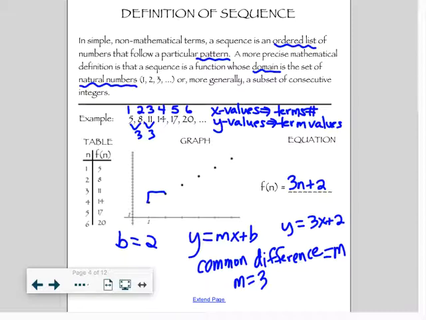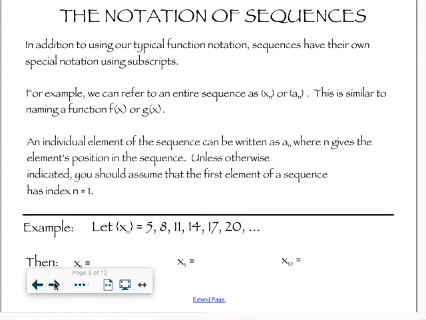All right, in addition to using our typical function notation, sequences have their own special notation using subscripts. For example, we can refer to an entire sequence as x sub n and a sub n. So instead of it being f of x, in sequence notation, we might call it x sub n.